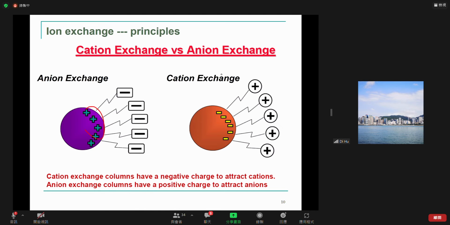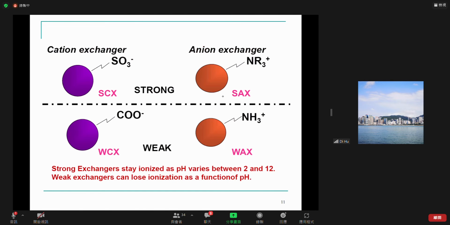Cation exchange is going to retain cations, so the stationary phase needs to be negatively charged to retain the cations. There are generally four types of ion exchange chromatography: strong cation, strong anion, weak cation, or weak anion.